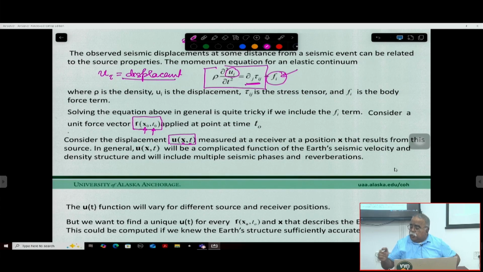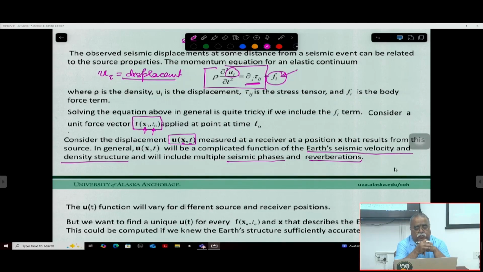Beside the force generated at the source, this uxt function is also complicated by the Earth's seismic velocity and density of the material through which it is being passed. That will also come into the picture, and since stress is involved, there are various seismic phases, and reverberation also comes into the picture, right?